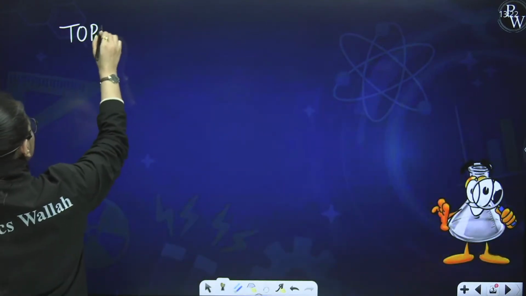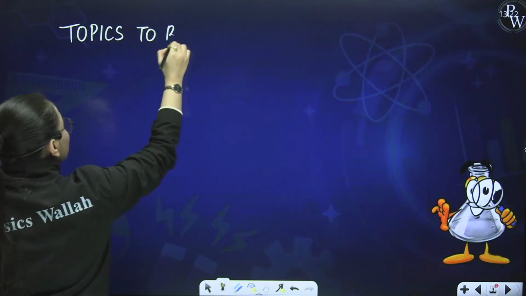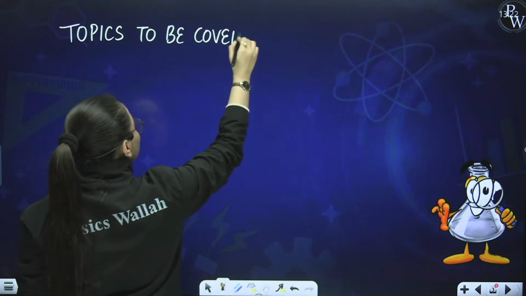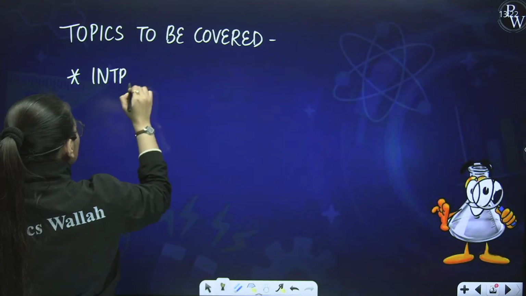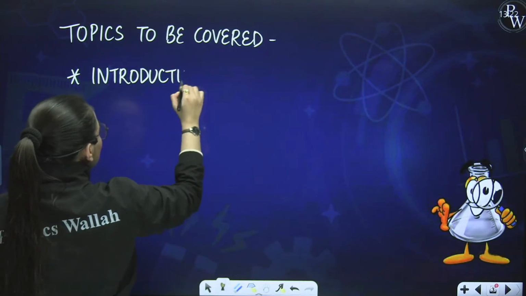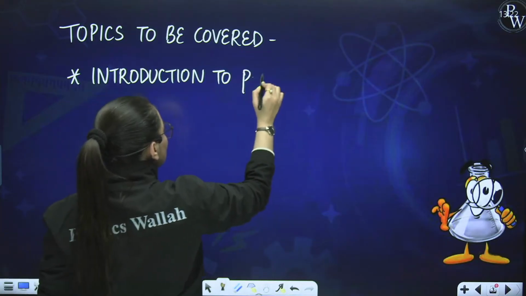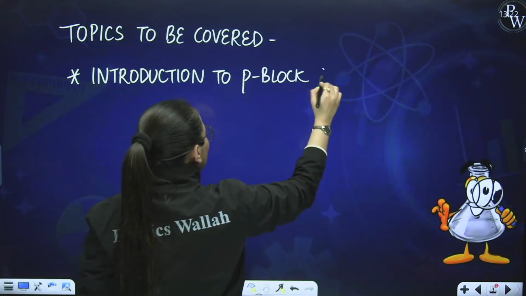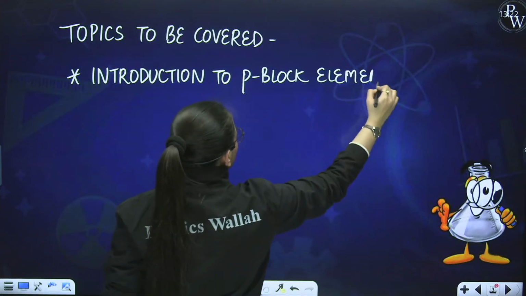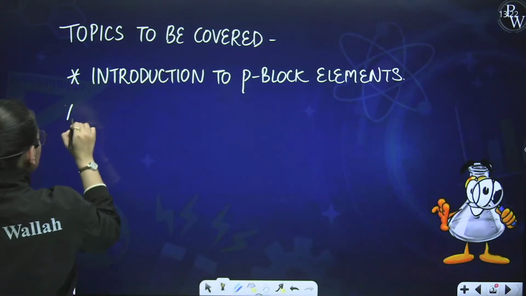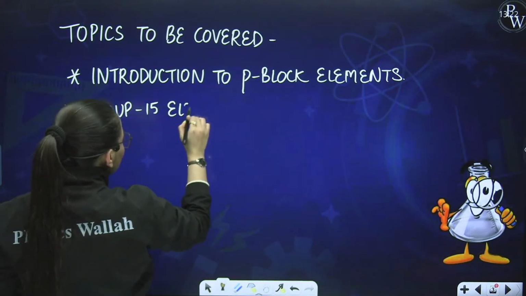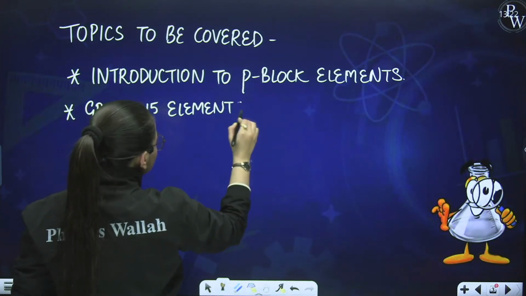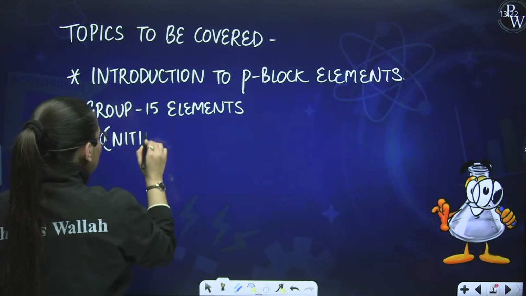So, let us write what are the topics we are going to cover today. Topics to be covered. Our initial topic will be introduction to P block elements. Then we are going to start with our group number 15 elements, that is basically the nitrogen family.